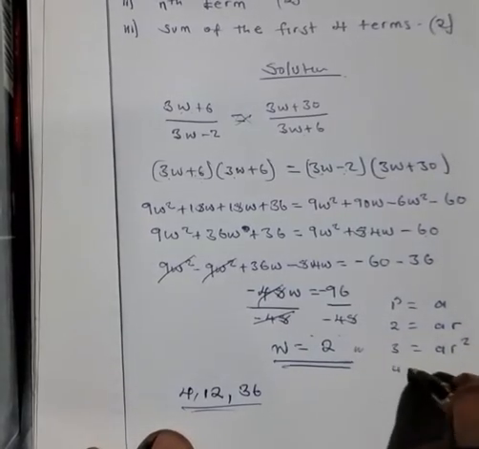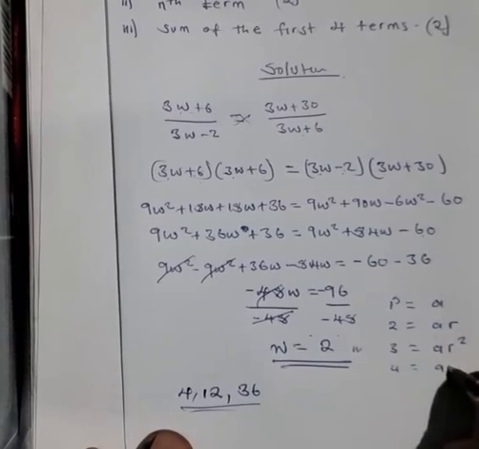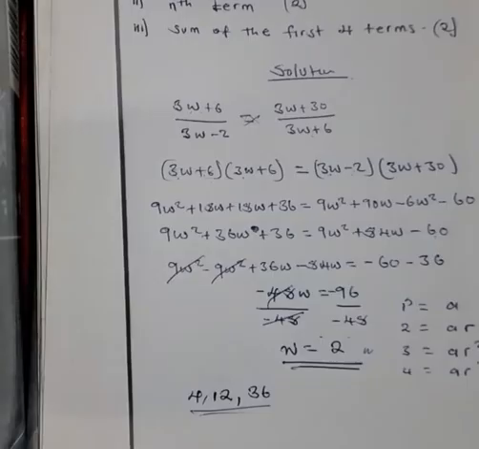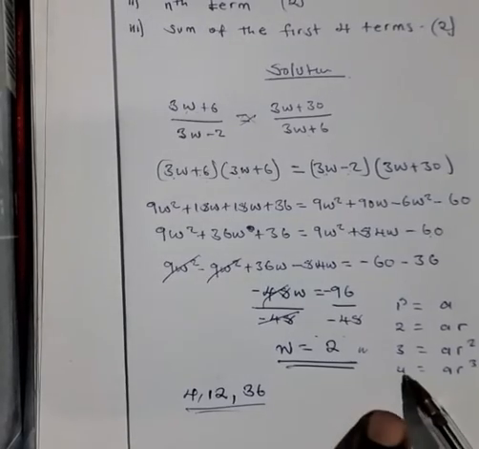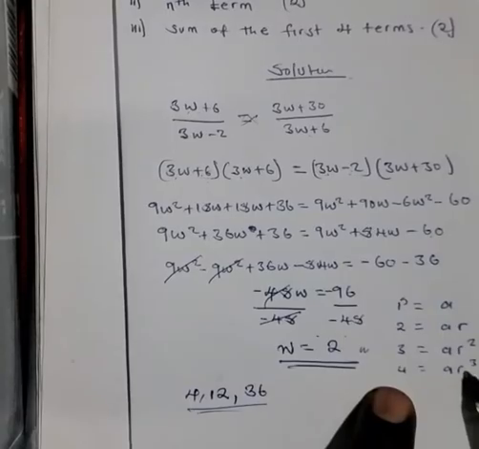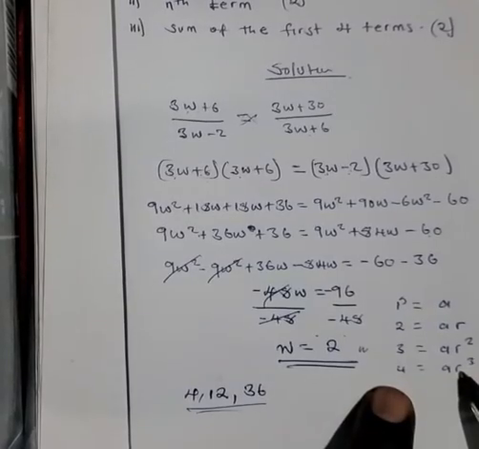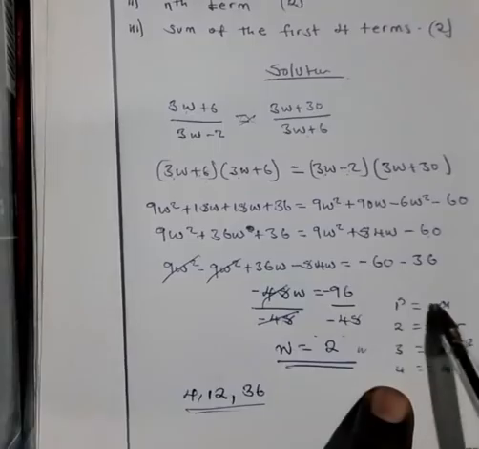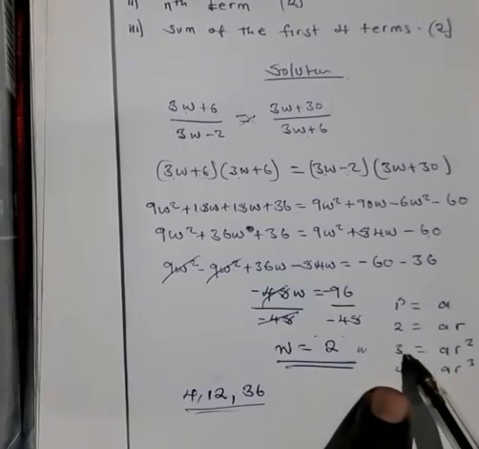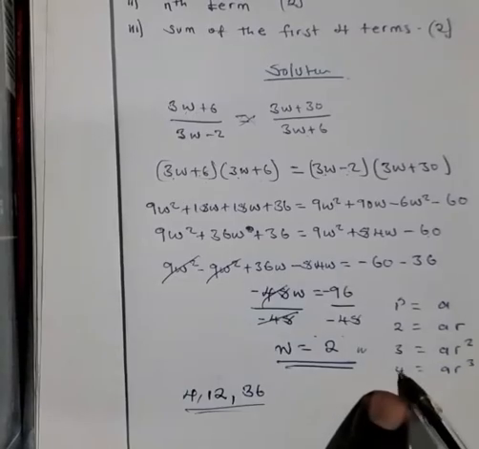Then the fourth term will be a and the common ratio to the power 3. Have you noticed that the power reduces by 1, because the first term didn't have any, the second has 1 r, and for the third the power for r is 2, and so on.